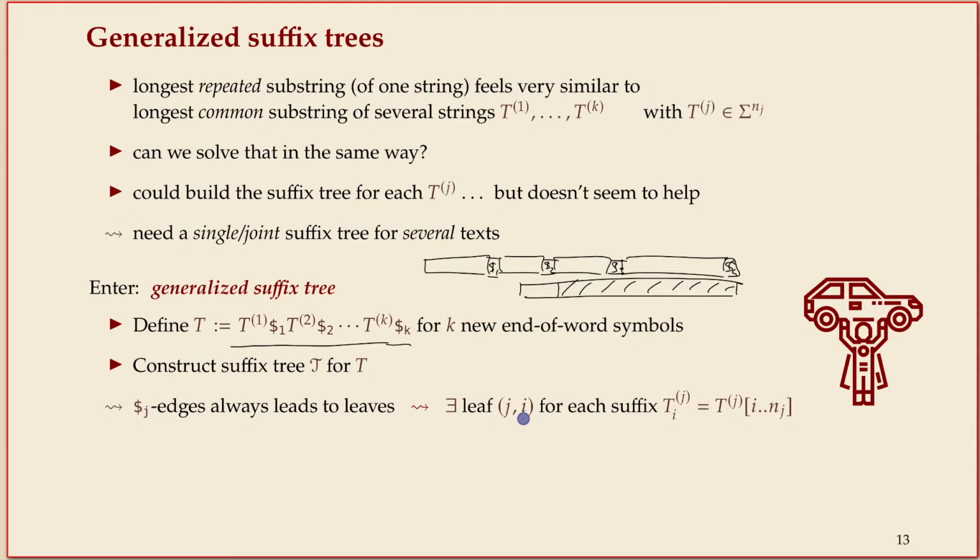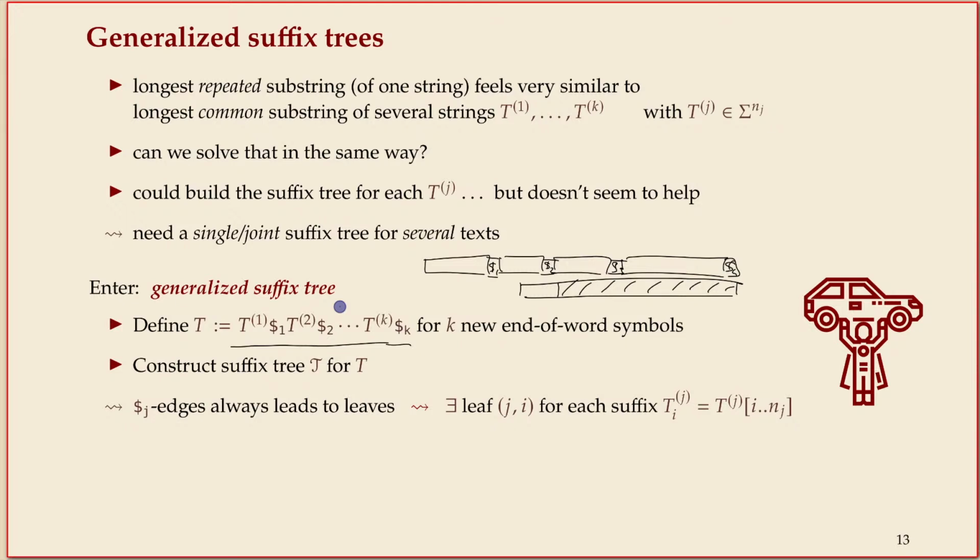So there's a little bit of doing arithmetic back and forth from the coordinates in the global text to the local text, but you just subtract all the lengths of those before it. We'll see an example in a second, but what you should take from this slide is there's a simple way to generalize the suffix tree so that the same is true as before.